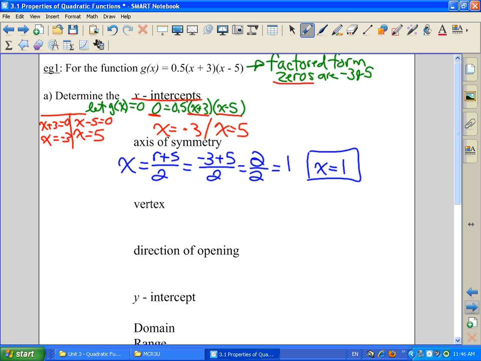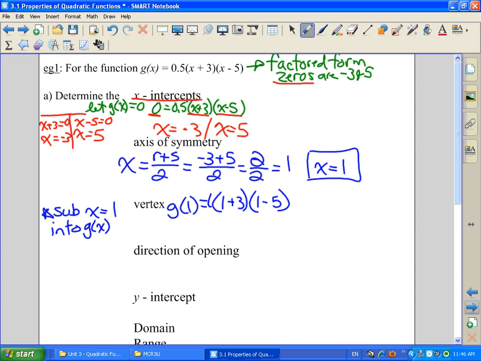Now we need to do the vertex. To find the vertex, guys, we're going to sub in the value that we just found for the axis of symmetry. So we're going to sub x equals 1 into g at x. Remember, wherever you see an x, you're going to place a 1. So it's going to be g at 1 equals 1 plus 3 times 1 minus 5.